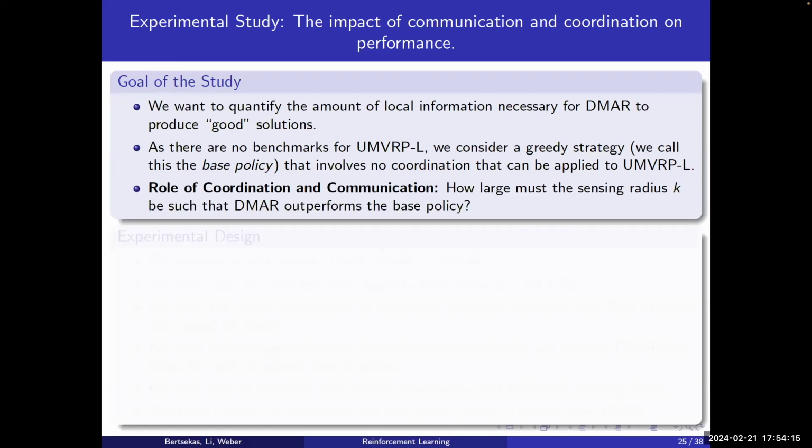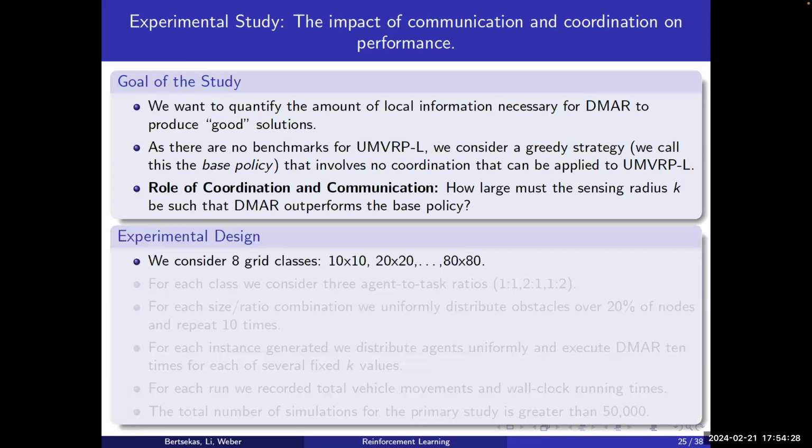We're going to look at the role of coordination and communication. Specifically, we want to know how large the sensing radius K must be such that DMAR outperforms this base policy. So here's the experimental design. We're going to consider 8 classes of grids: 10 by 10s, 20 by 20s, all the way up to 80 by 80.